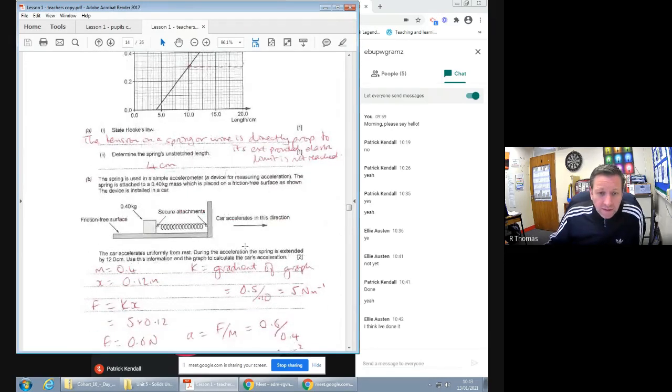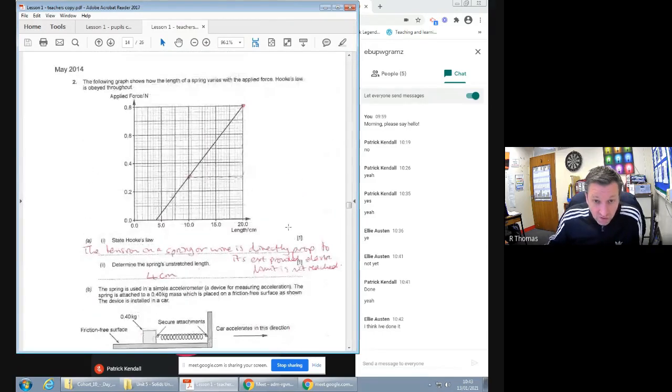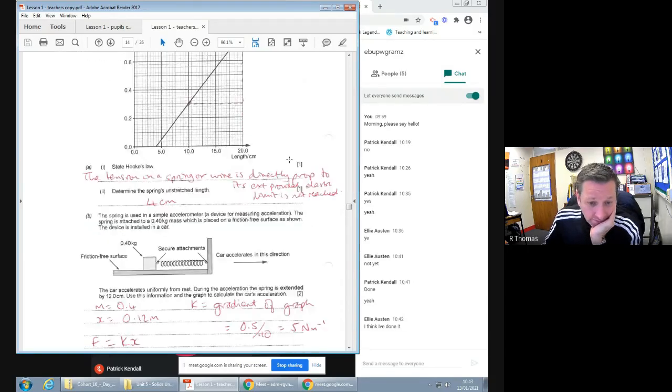Right. And then they asked us to work out the acceleration. So as I said, we had to get k first. Now you can pick any 2 points on a straight line to get the gradient, but I've always tried to encourage you to pick 2 relatively easy points. So I picked here and here because the length there is 10 and the height there was 0.5.